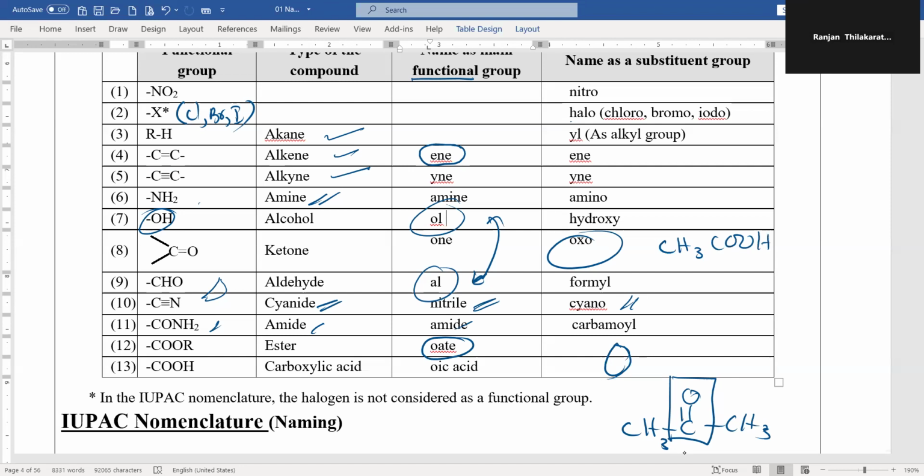So the name will be ethanoic. Why? The name has to end with oic acid. Having 2 carbons, we get the name ethane, remove that e and add oic acid. That is the rule. Then it is ethanoic acid.